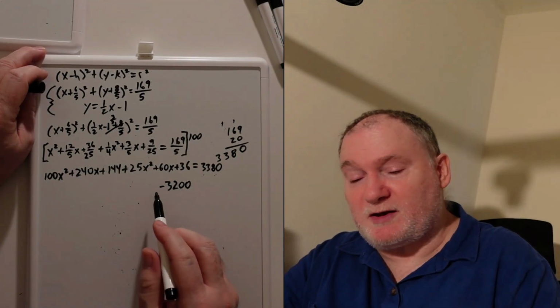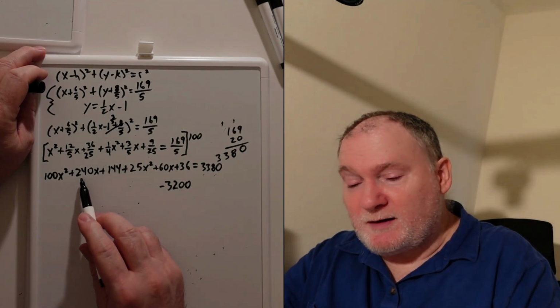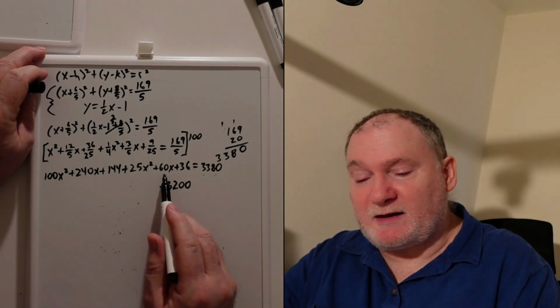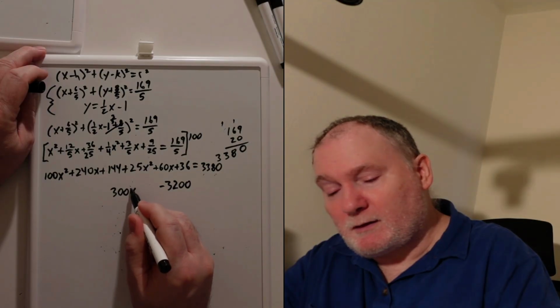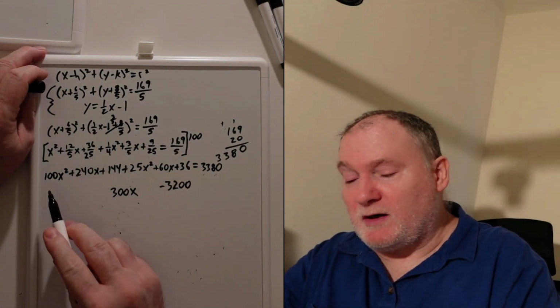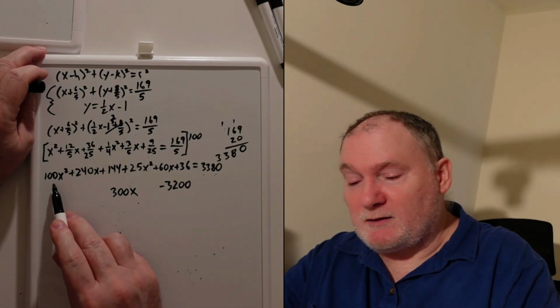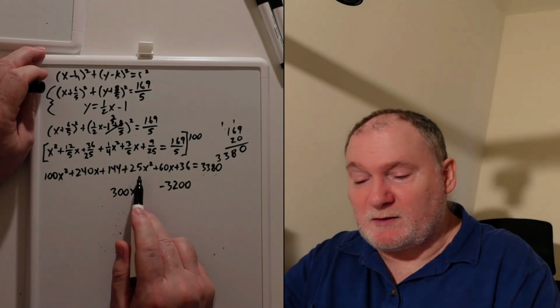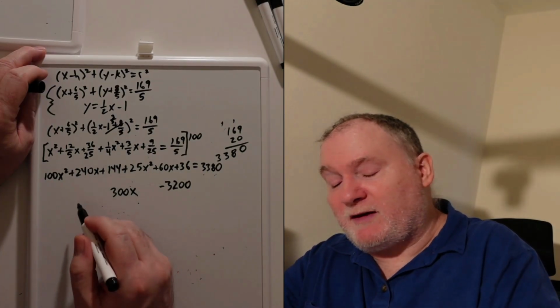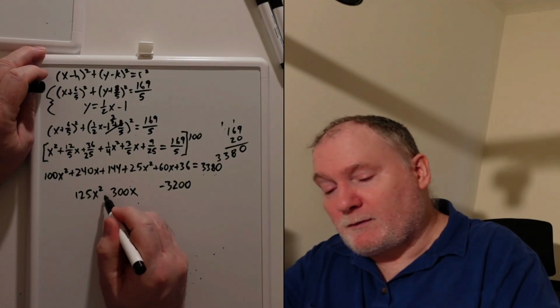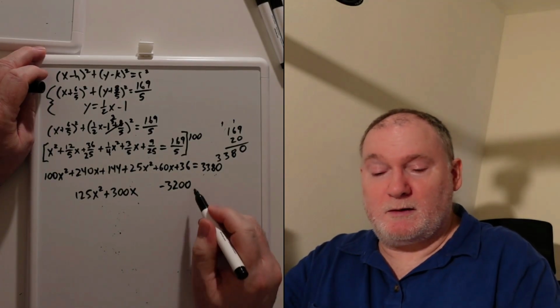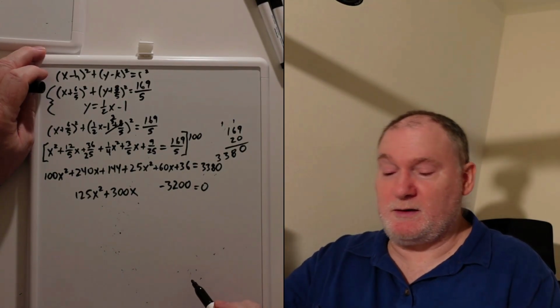And then we'll do the x terms. So 240x and 60x is 300x. And then we'll do our x squared terms. 100x squared and 25x squared is 125x squared. And this is equal to 0.